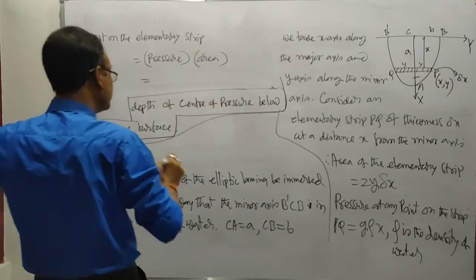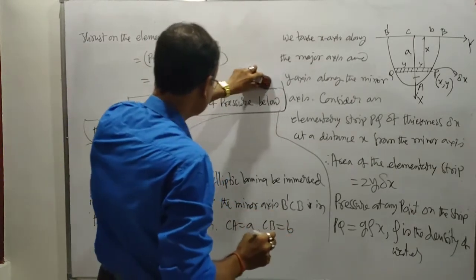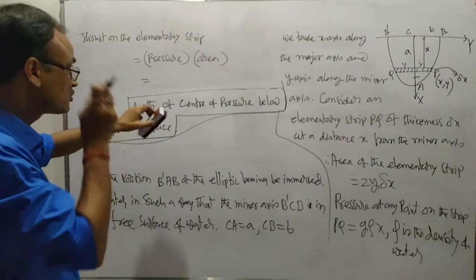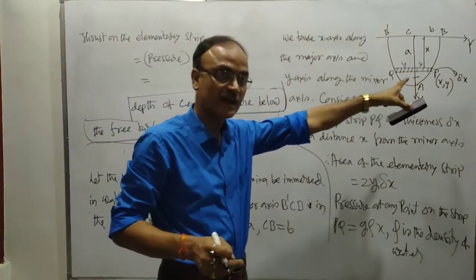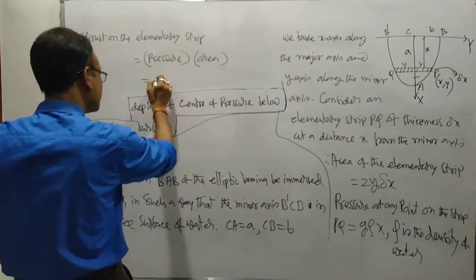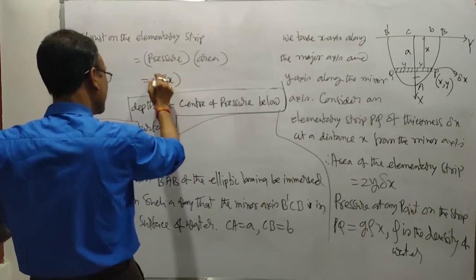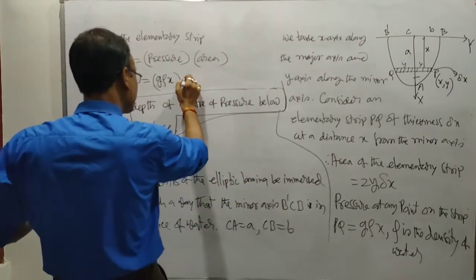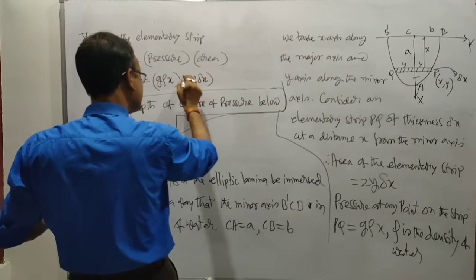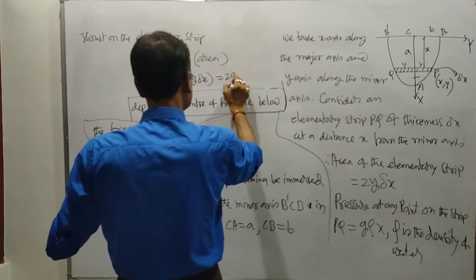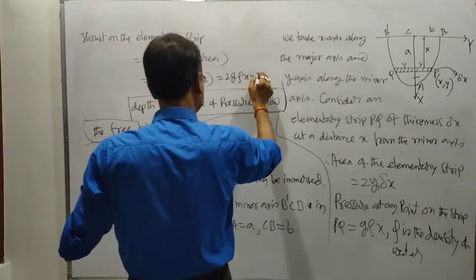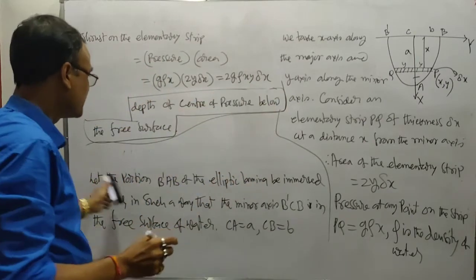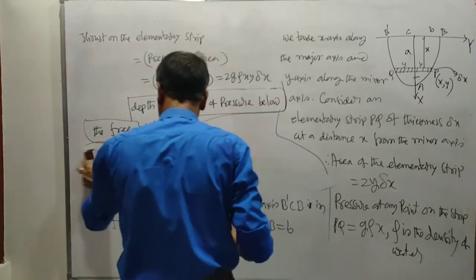Thrust on the elementary strip, pressure into area. What is pressure? 0x into area twice y delta x. This is equal to twice 0xy delta x. Thrust on the strip, elementary strip.